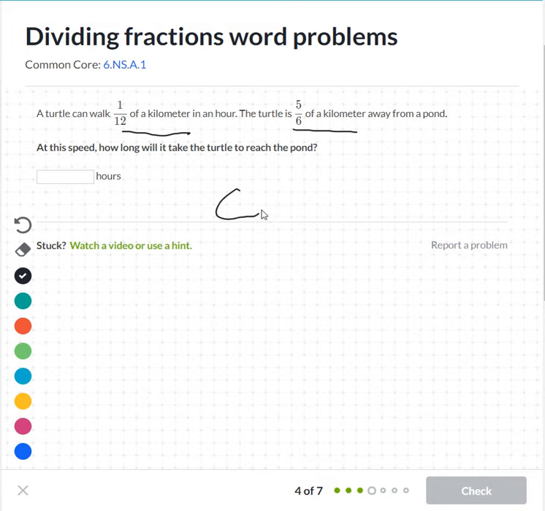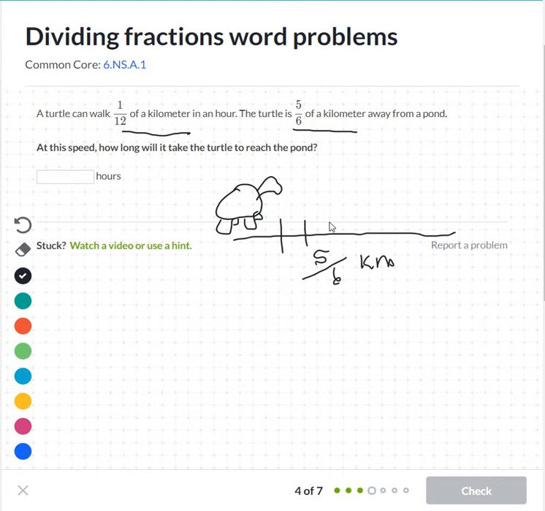Because again, if I have my turtle walking, the total distance is supposed to be 5/6 of a kilometer, but I'm splitting it up into 1/12 of a kilometer every hour. Now, I'm not sure if this is accurate. I'm just showing you that each of these will be 1/12.